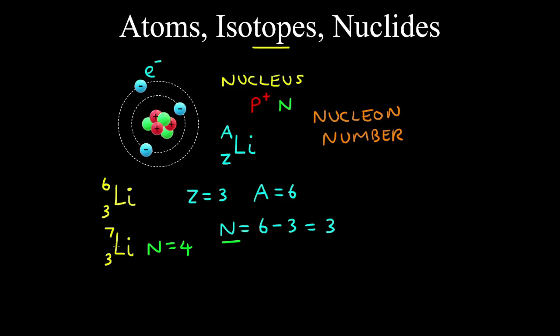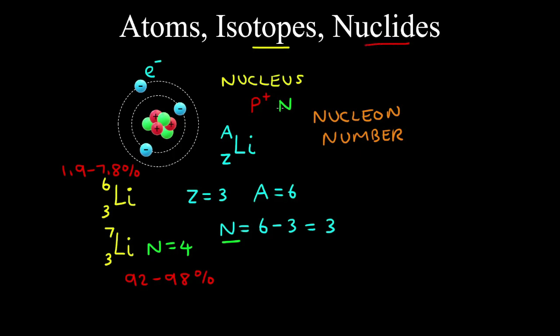And lithium-7 is the most abundant isotope of lithium on Earth. It has 92 to 98% abundance, whereas lithium-6 has 1.9 to 7.8% abundance. So these are the most stable isotopes of lithium found on Earth.